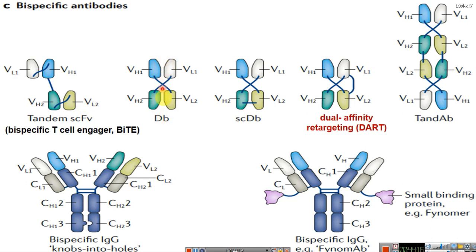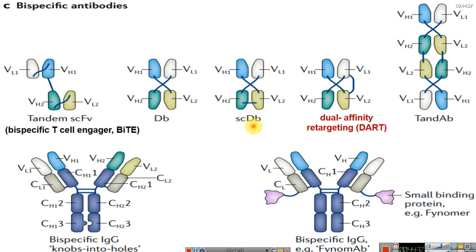actually you have two antigen binding sites here also. But how are they connected? Variable region of heavy chain 1 and variable region of light chain 2 are connected. So the way they are connected is different.